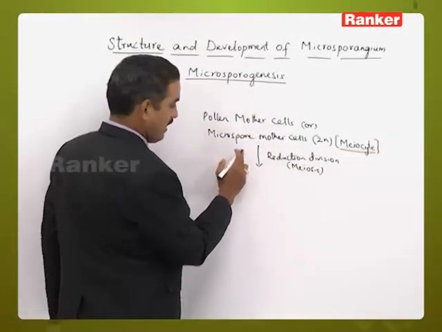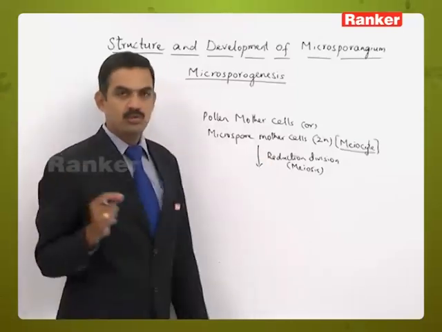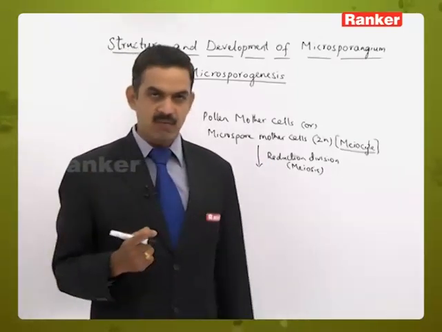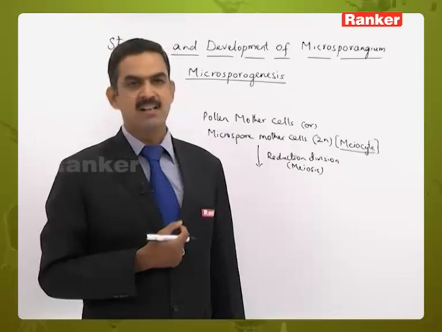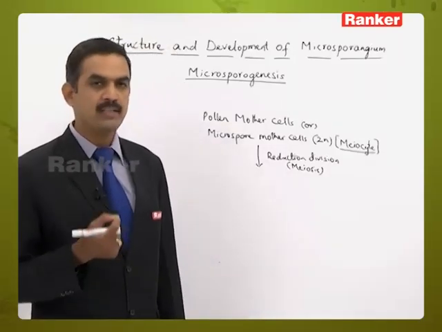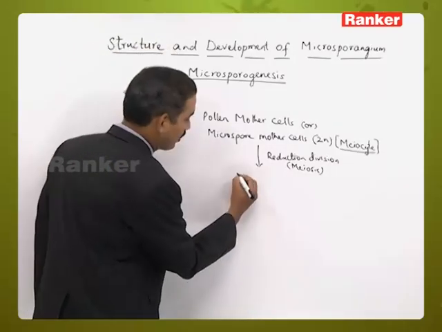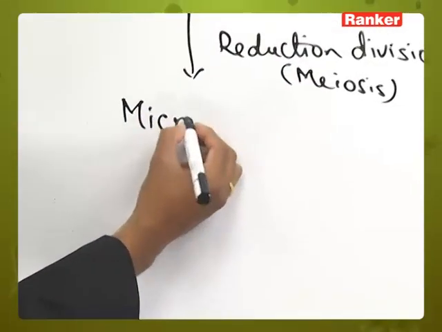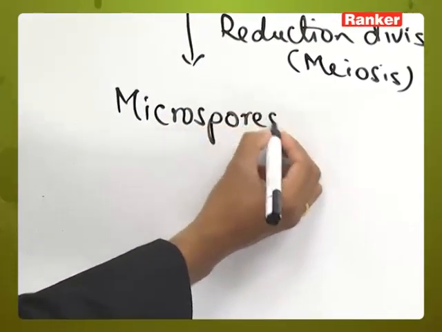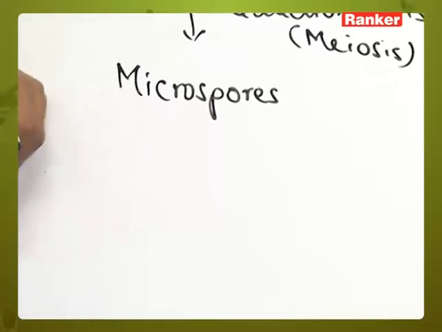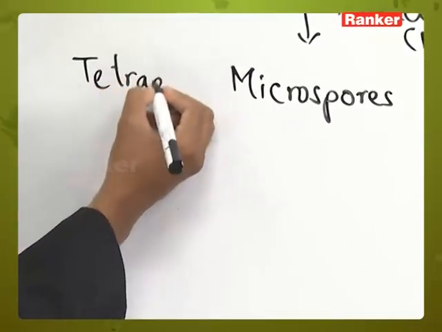And as we know that in meiosis, 2 times the cell will divide and also the nucleus, resulting in 4 haploid cells, and these are called microspores, or we can call it a tetrad of microspores. Why?